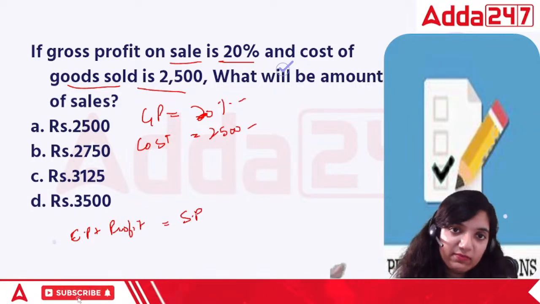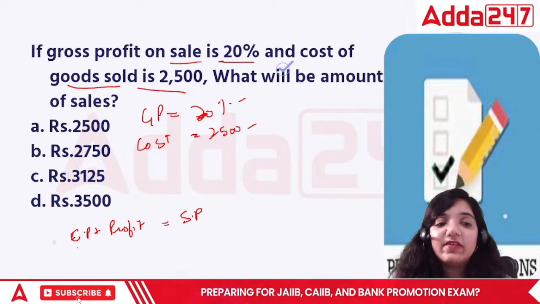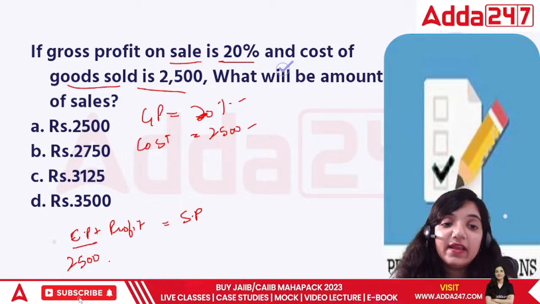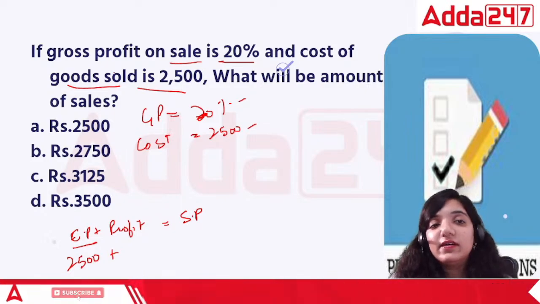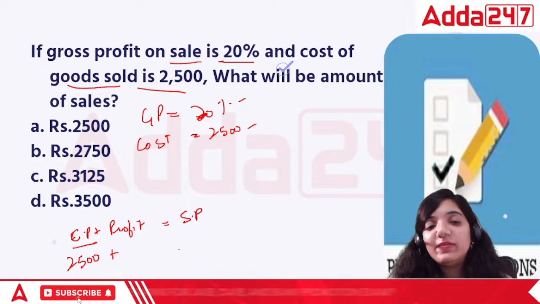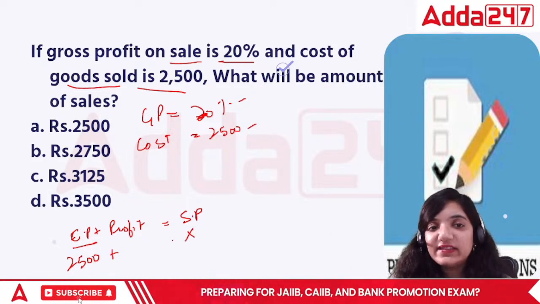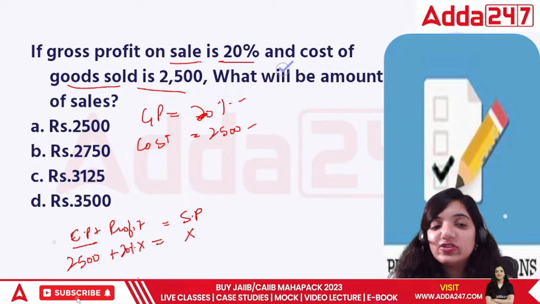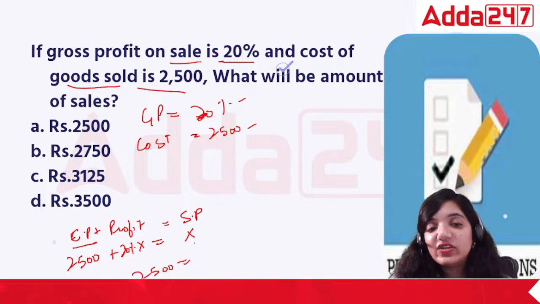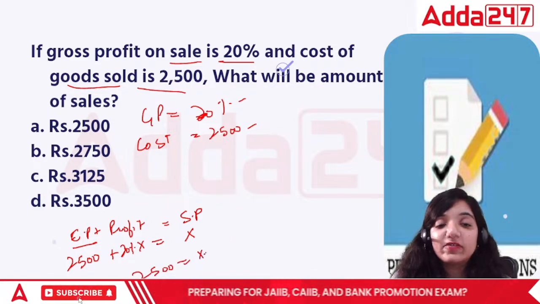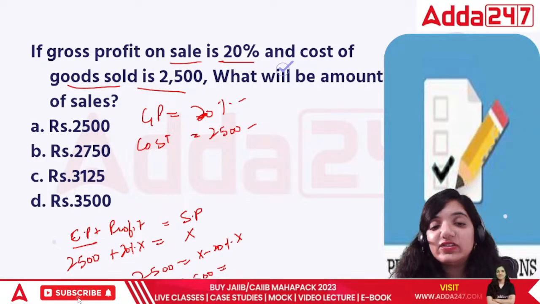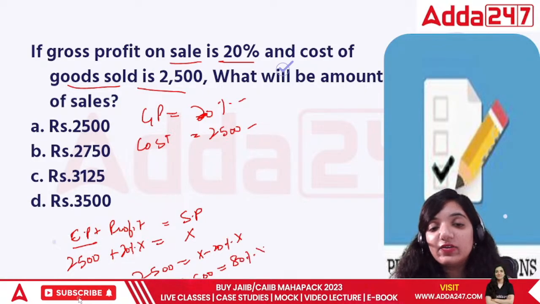We are given that the cost is 2500, and the GP is 20% of sales. If the sales is X, this is 20% of X. So can I say 2500 is equal to X minus 20% of it? It is 2500 is equal to 80% of X.